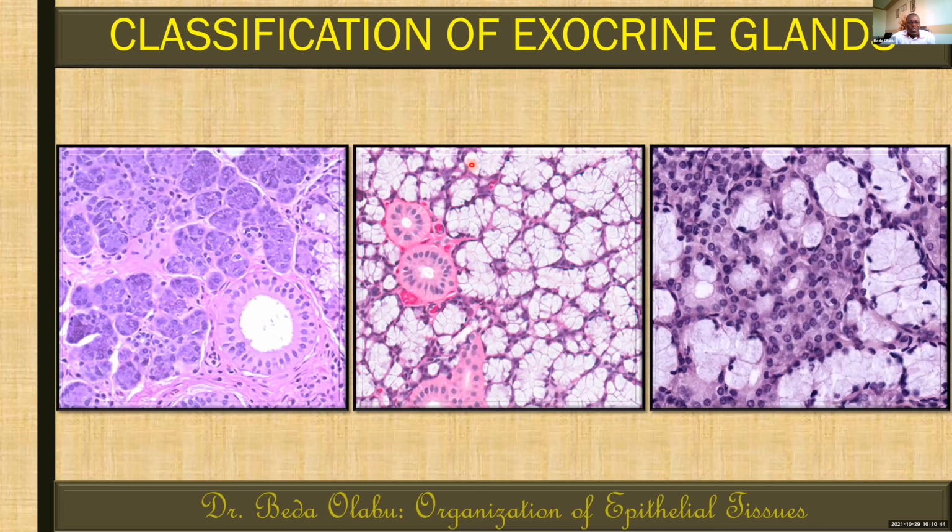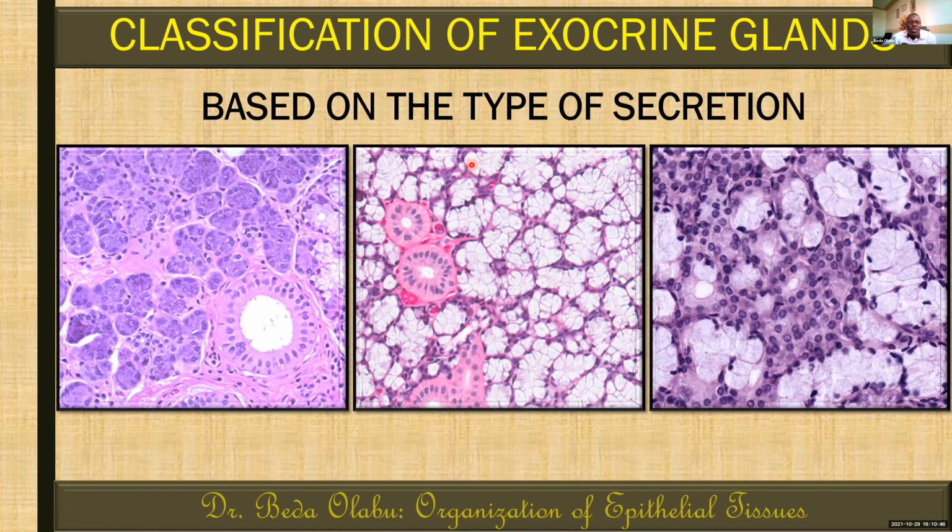Then we can classify them according to the type of secretions that they release. How would you know the type of secretions that a gland releases? This is particularly important for the ones which are of acinar morphology.